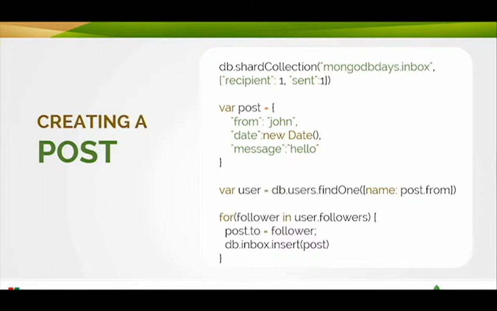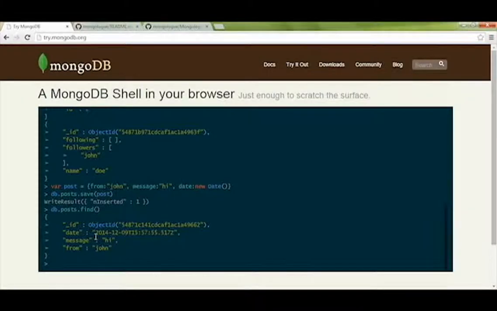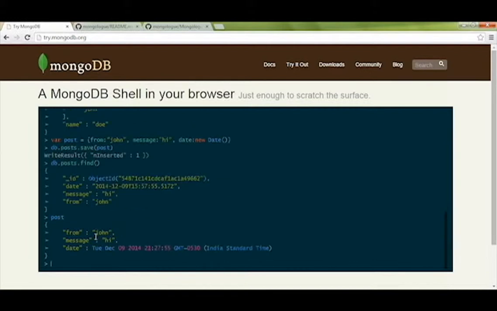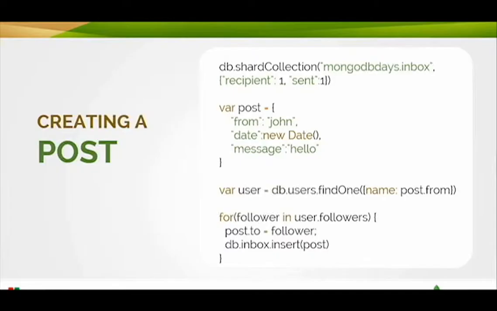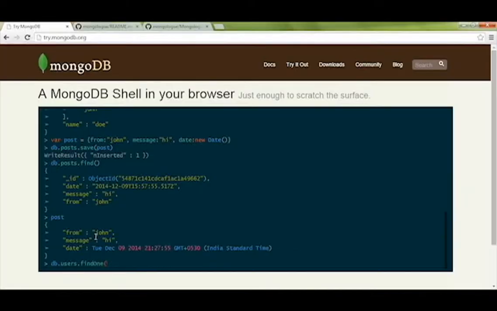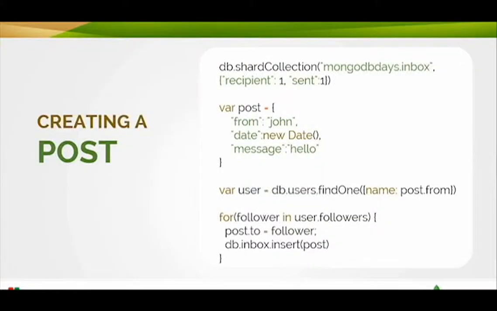So from a post, we can try and retrieve the user who has created the post. So let's try. So we have the post here. This is the particular post, and from this post, let's try and retrieve the user who has created this post. So you can see how the query is formed here.